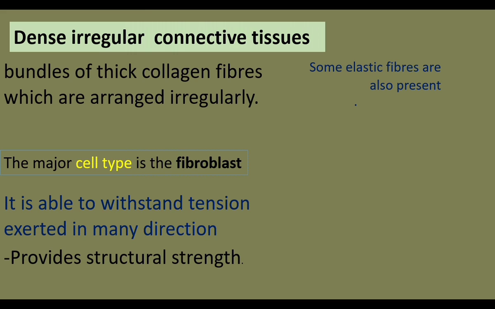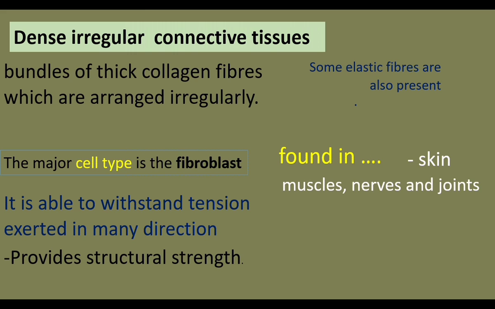It provides structural strength. Dense irregular connective tissue is found in skin. If we pull the skin in different directions, the skin withstands. This is because of the collagen fibers. It is also found in muscles, nerves and joints.